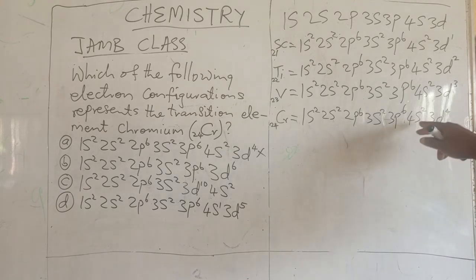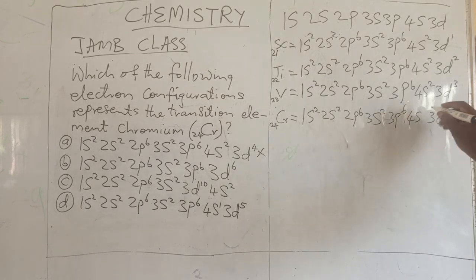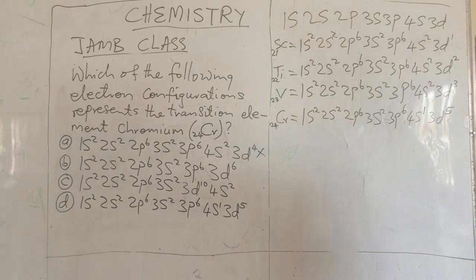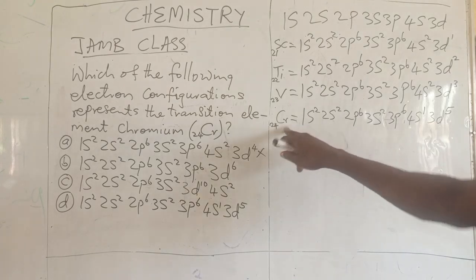So 4s has no option than to donate 1 electron to 3d, making this place half of 2, which is 1, and making this place half of 10, which is 5, so that it will be able to be stable. At this level, this atom is stable. So this is the correct electronic configuration of chromium.